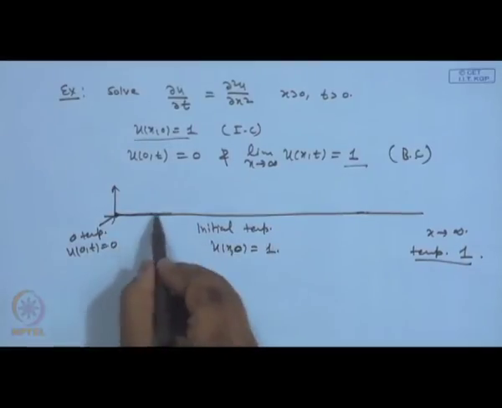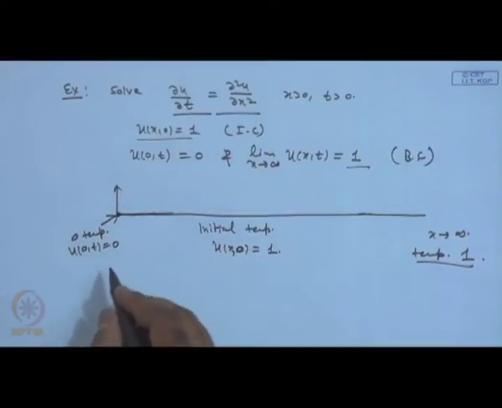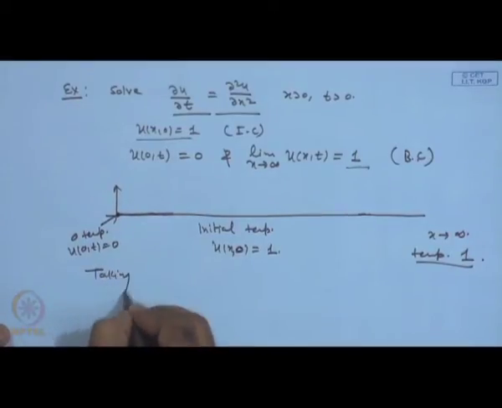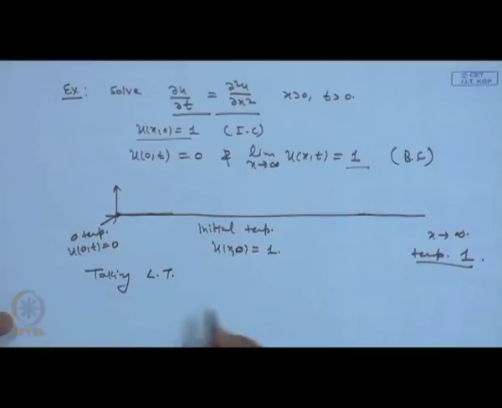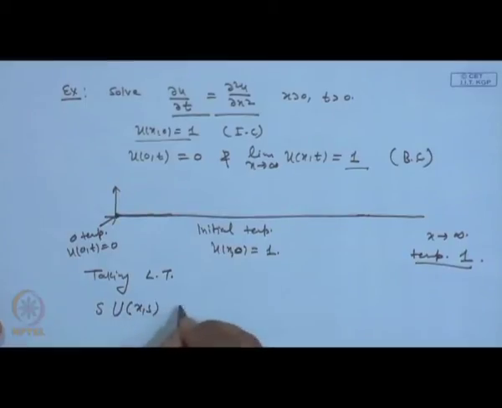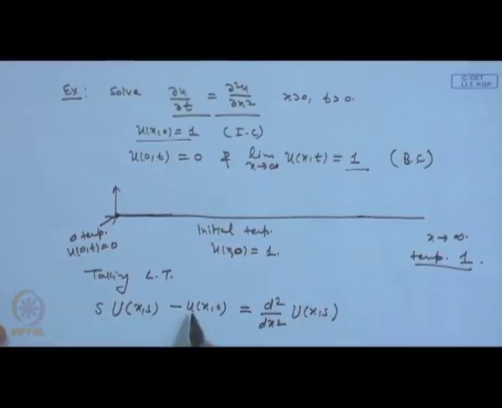So, now we are interested to find this temperature, that means the solution of this heat equation. So, we take the Laplace transform. Taking the Laplace transform on both sides, what do we get? We have s times the Laplace transform of u, which we denote by u x s, minus u x 0, and the right hand side d 2 over d x square of u x s, and this is given.